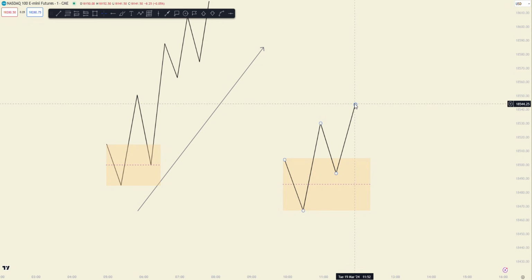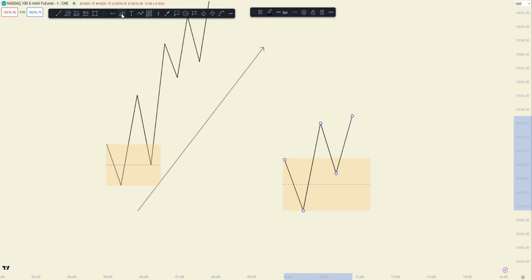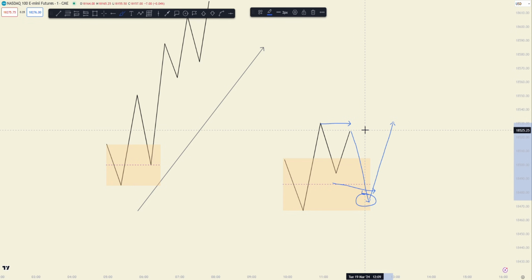So if this leg starts pushing up higher, if we fail to use 50%, we use something just above it, and we fail to put in a new high right here, what we can expect is that, say price fails to get up there and starts trading back down again, we can expect it to disregard the 50 and tap in just below the 50 and then attempt to make a new high or low, depending on the direction that we're looking at.